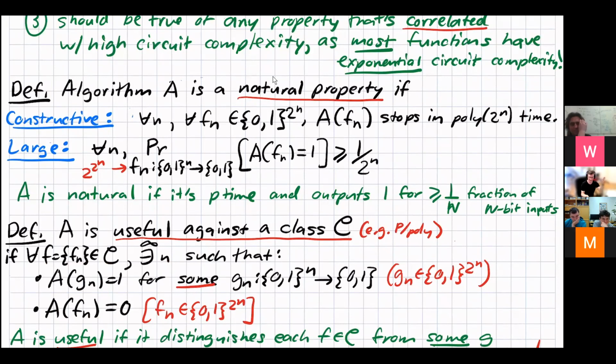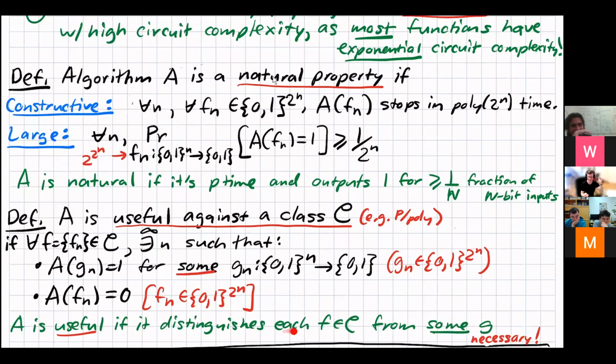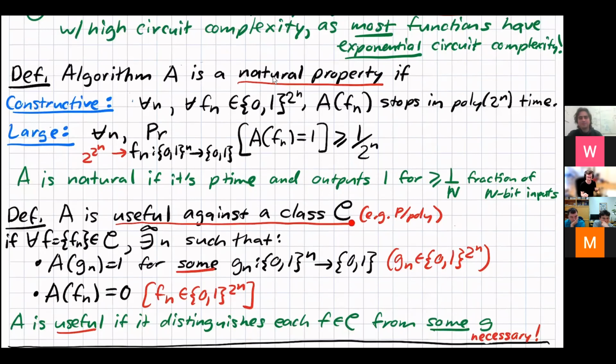All right, so this is absolutely necessary. It's useful if it distinguishes every function in here, roughly speaking, from some function G. You've got to have that to have some kind of lower bound. You have to have some kind of property that is doing this. Now, if you're proving a specific function is hard, it cannot be some G. It has to be the same G being declared over all functions.